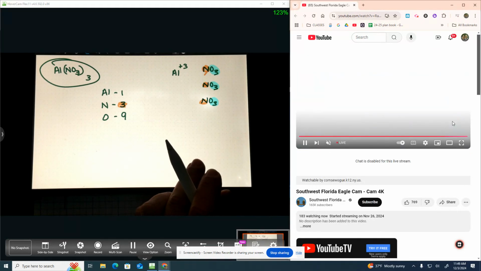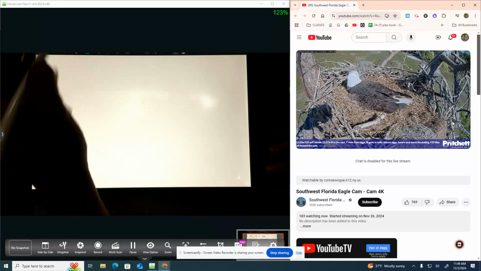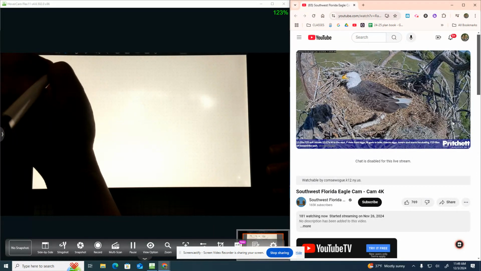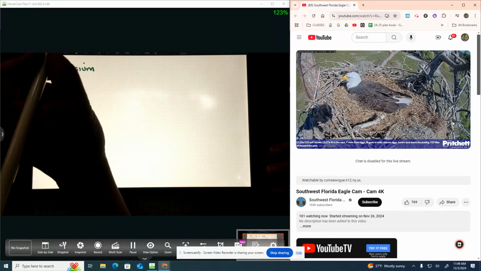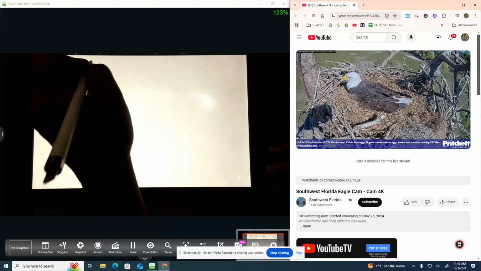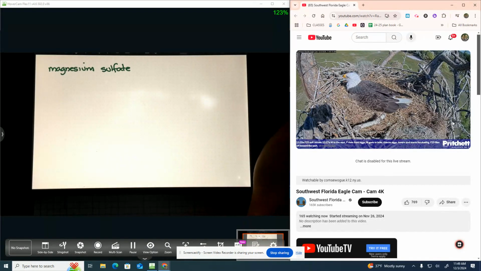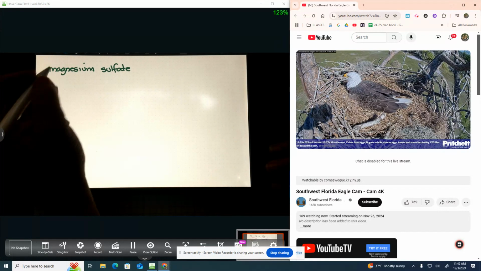Except they don't always give it to you in this nice, neat formula. They might do this. Magnesium sulfate. Now, how many magnesiums do I have? What do you have to do before you can answer that question? Write the formula, which is why I made a huge deal about how to write formulas, right?